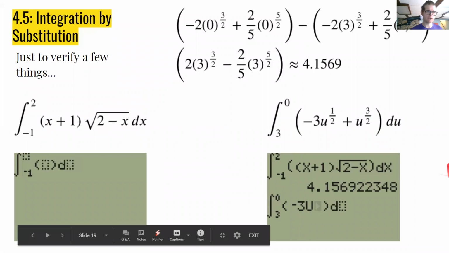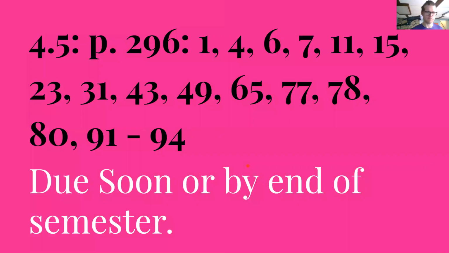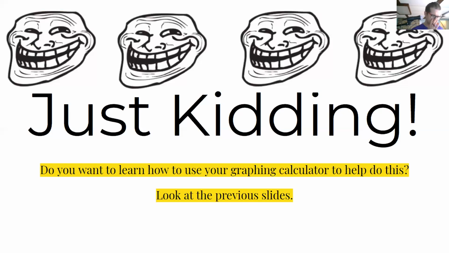If you're using a graphing calculator that doesn't have the fancy math type, go check out, what's it called, on AP class, or on Desmos, not Desmos, one of those things. I'll show you.